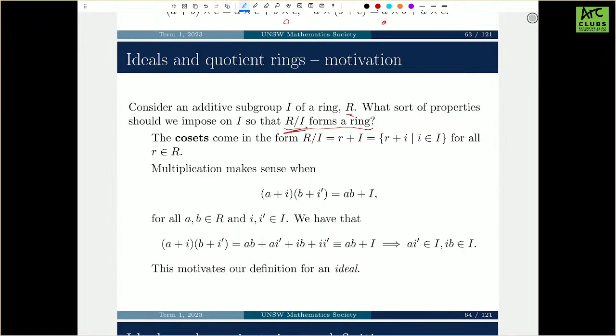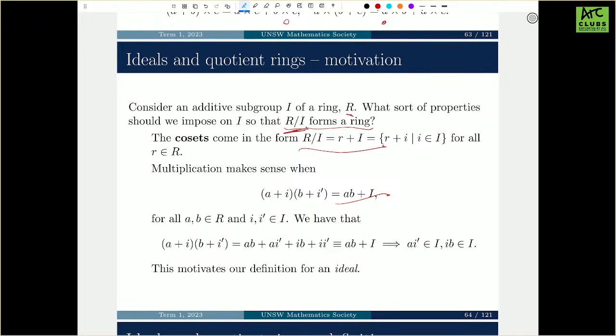Well, let's look at the cosets when we consider it as a quotient group. Okay, it's all of these things. If we want multiplication, I mean, this thing holding is ideal, right? Kind of want to be able to just say that.